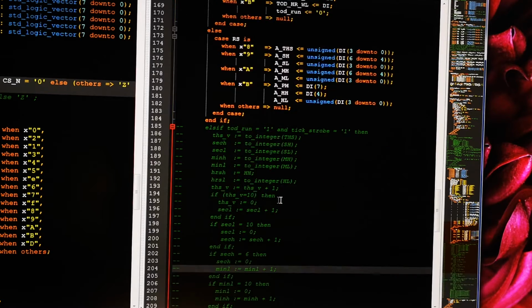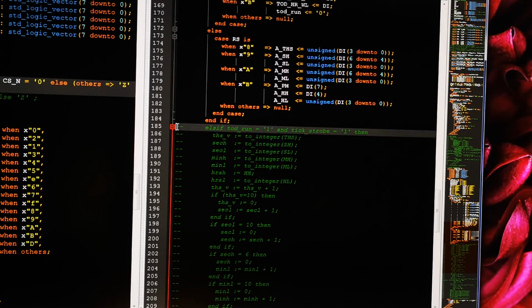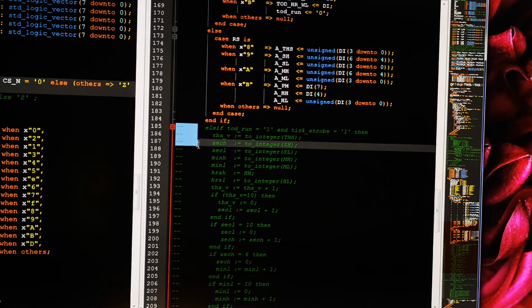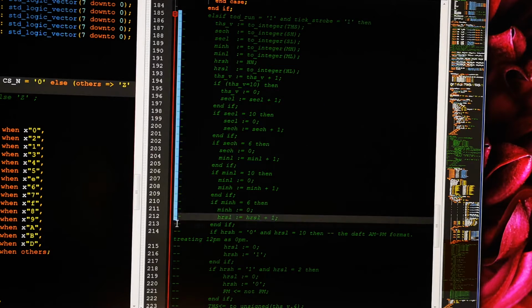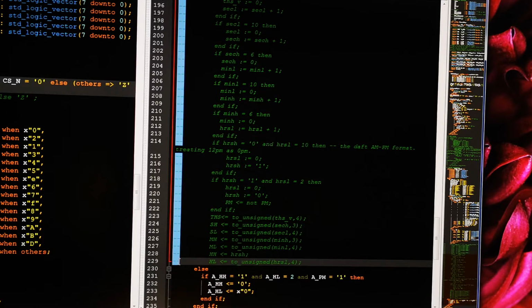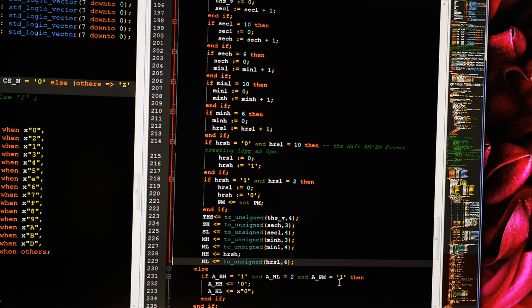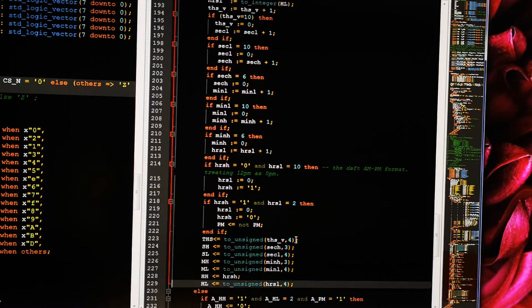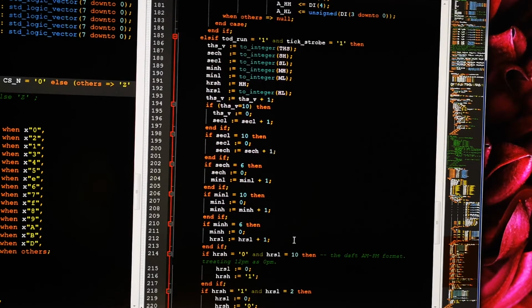I think that's the way this clock works anyway. I don't think it works exactly the same way in the real chip, because maybe they have some comparators that check AM and PM flags and stuff like that. I'm just counting from 0 up to 1159 or something, and then I convert the number.